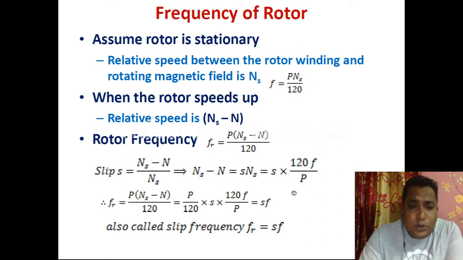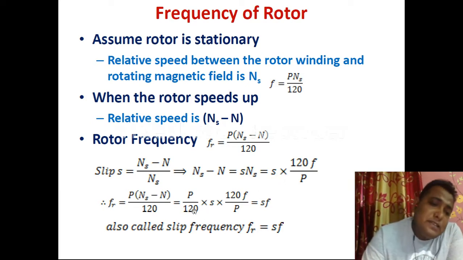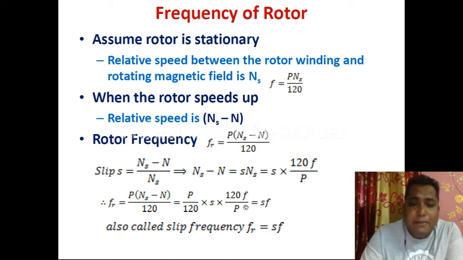Here we have placed fr is equal to ns minus n is equal to s into ns, where ns is equal to 120 f by p. So we have placed those values over there, s into 120 f by p. So the 120 cancels, and p cancels.